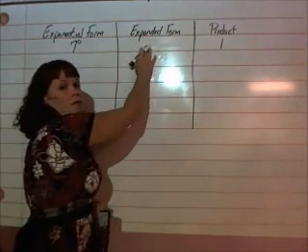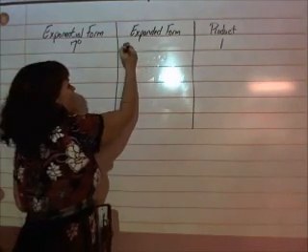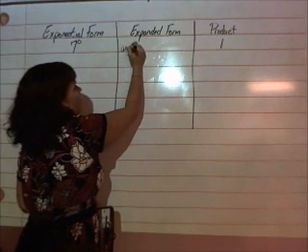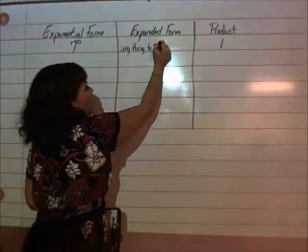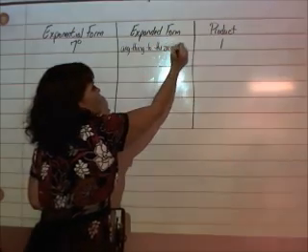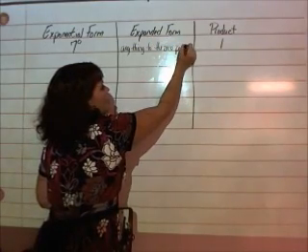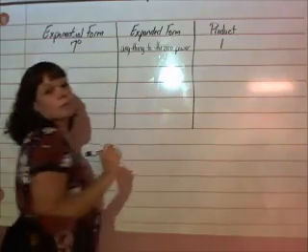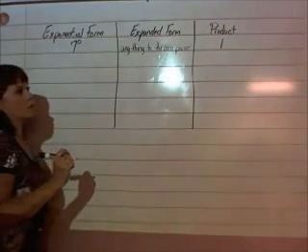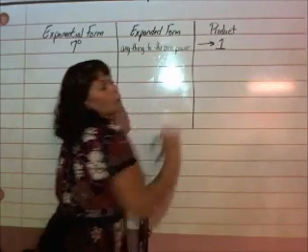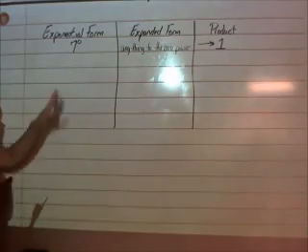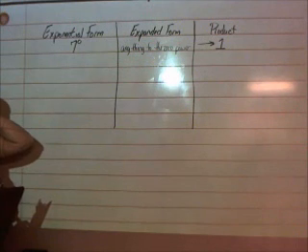So instead of expanded form, we're going to put anything to the 0 power will be 1.